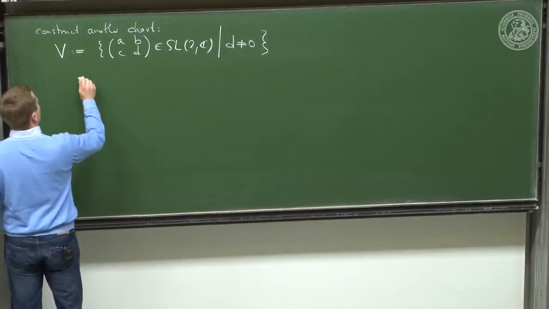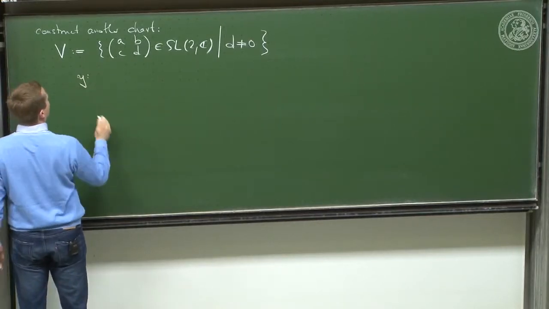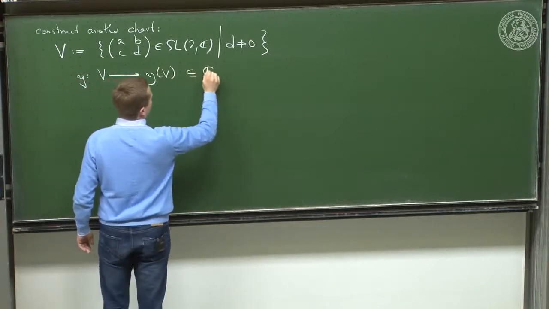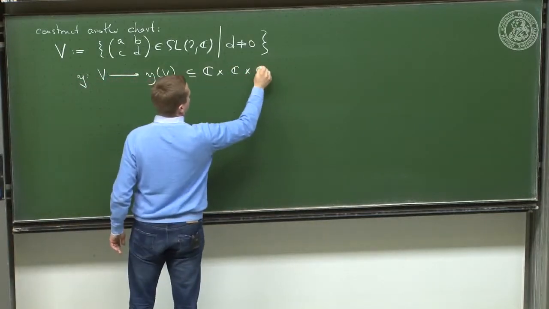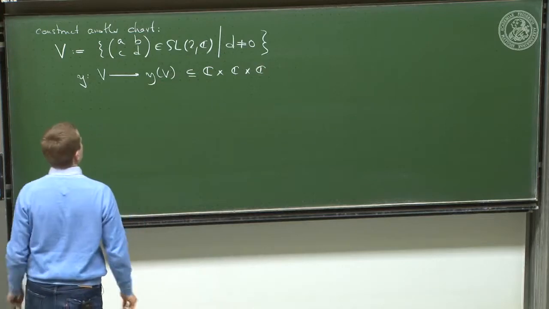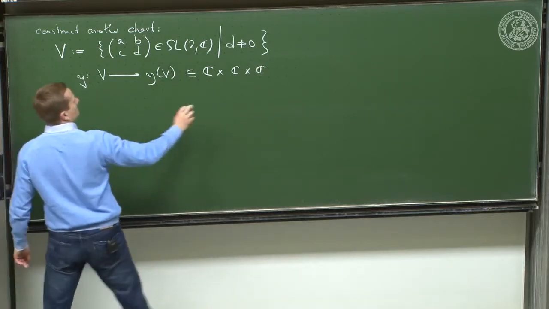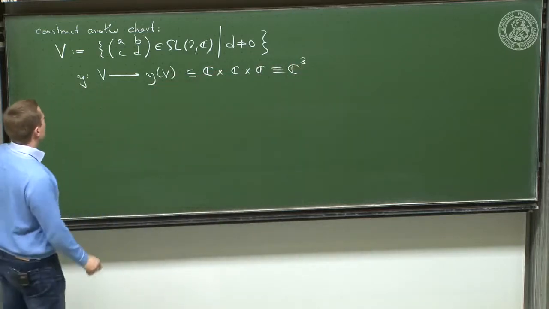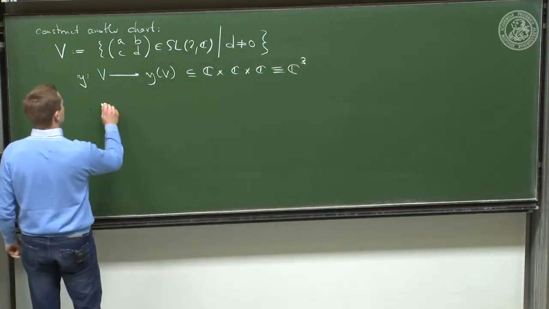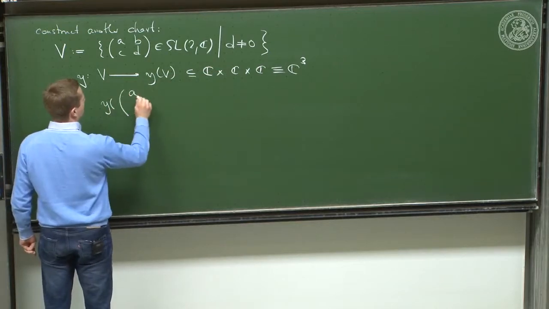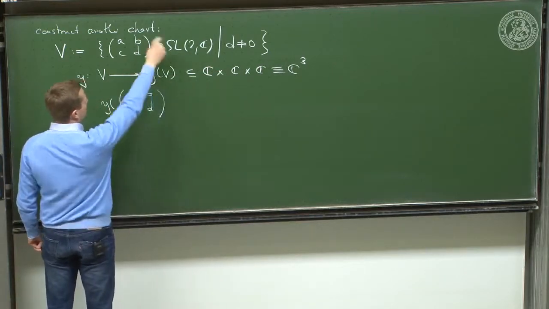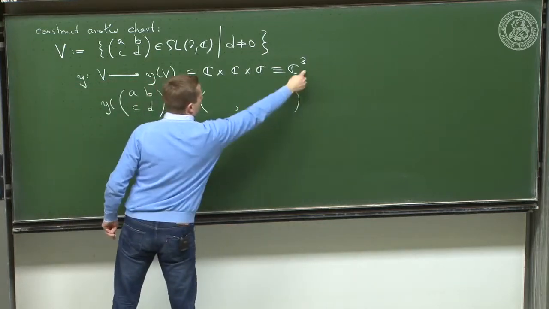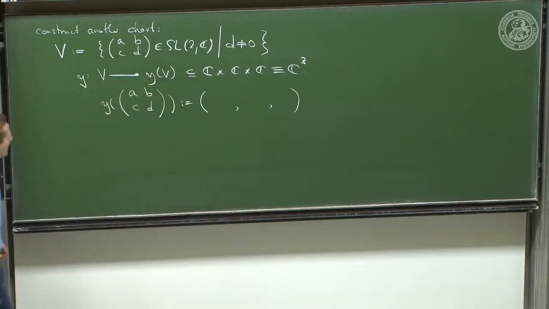And now my chart map, let's call it Y, from V to Y of V, which is certainly a subset of the threefold Cartesian product of C, be defined as follows. I take the Y and I apply to A, B, C, D, but only from the set V. And I define this to be the 3-tuple of complex numbers.